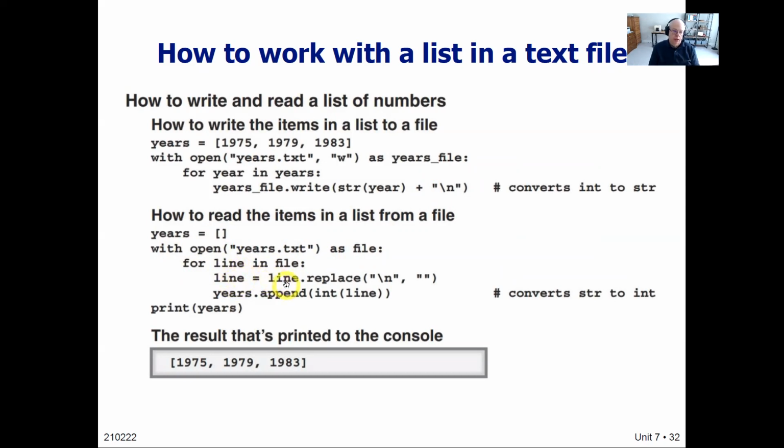So each line, we're going to run the replace method to replace the new lines character with nothing, a null. And then we're going to append. And this is using the code for the list. So in the years list, we're going to append the integer line. We're converting it back to an integer to put it back in our list. When we run this print function here, we see we have a list.